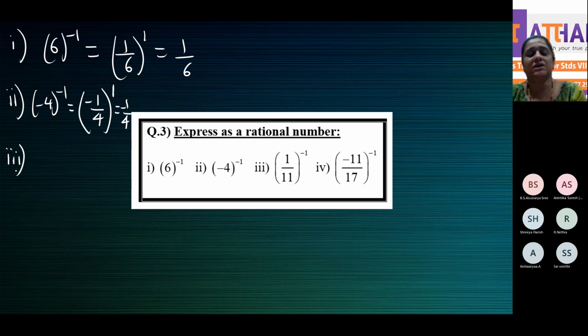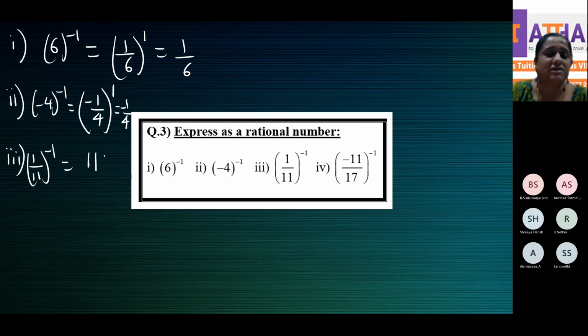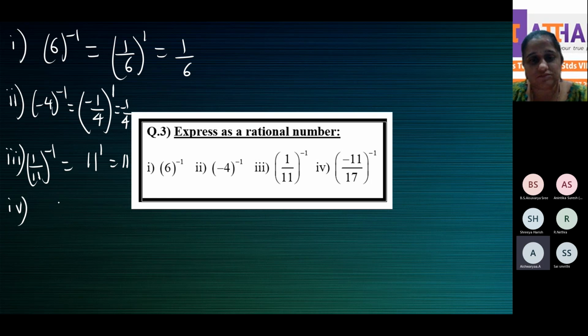Third one, Anintika. 11. Very good. Because reciprocal of the base, negative of the power, which is 11. Fourth one, Aishwarya. Yes, ma'am. It's 17 by 11. 17 by minus 11, I'm sorry.